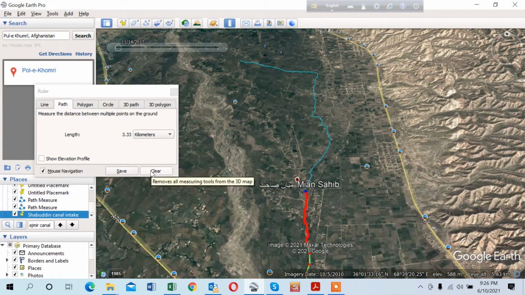So now I will show you. This is the main irrigation canal. We have the layout for the main irrigation canal. I have given it earlier, so you can see this one. I will show you more clearly this irrigation canal.